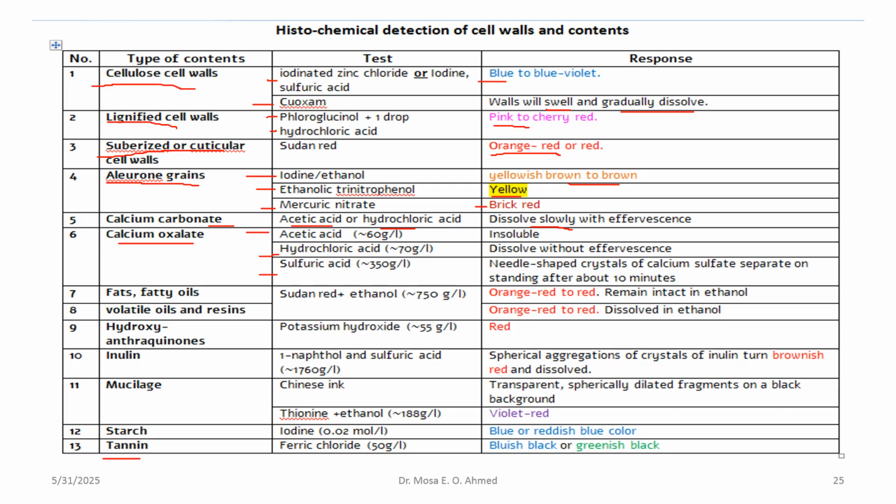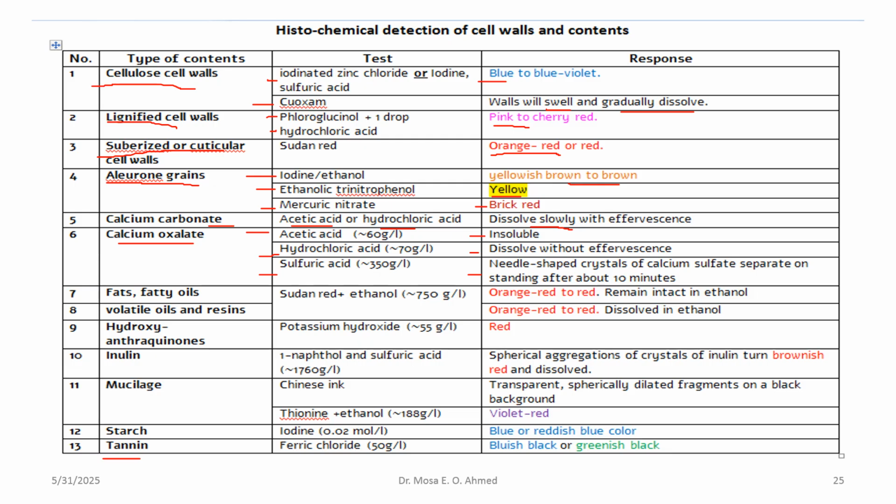Calcium oxalate is insoluble in acetic acid, and when we add HCl, it dissolves without effervescence, and with sulfuric acid, it forms needle-shaped calcium sulfate crystals that separate on standing after about 10 minutes.